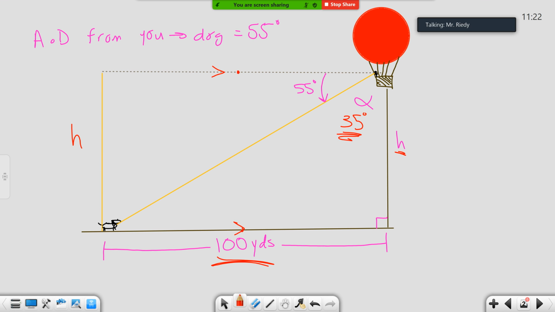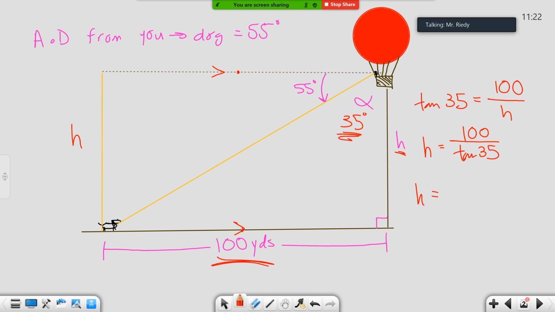Cosine. Strike two. So it's tangent. Tangent. There you go. By process of elimination, opposite side over adjacent side is tangent. So the tangent of 35 degrees is equal to the opposite side over the adjacent side. Switcheroo. H is equal to 100 divided by the tangent of 35.